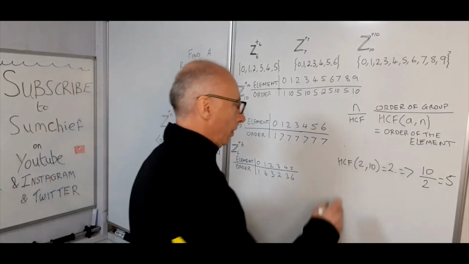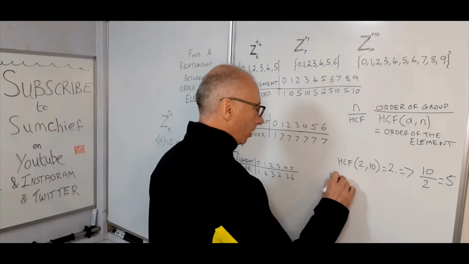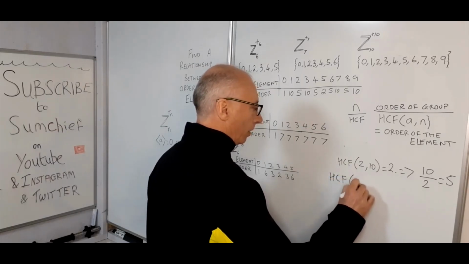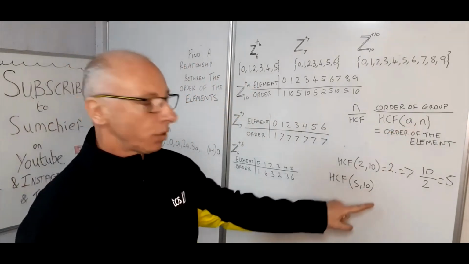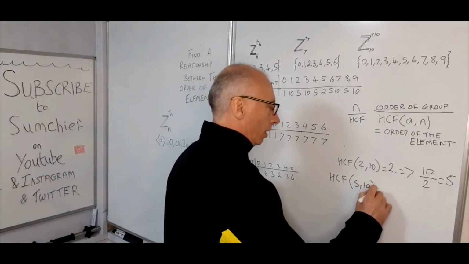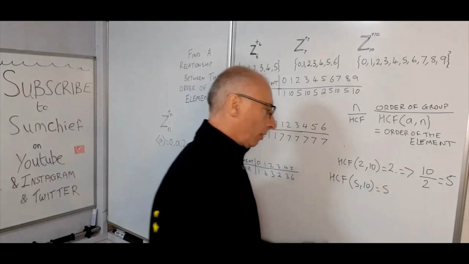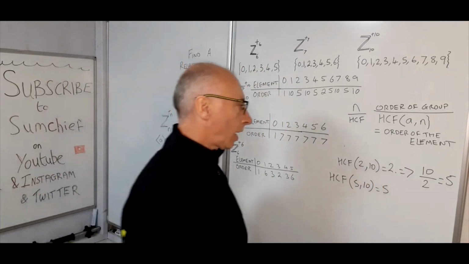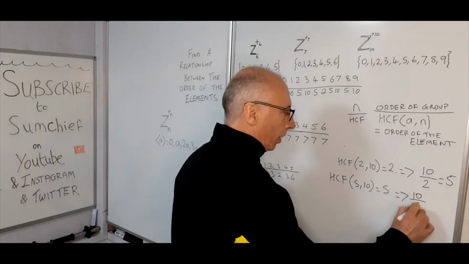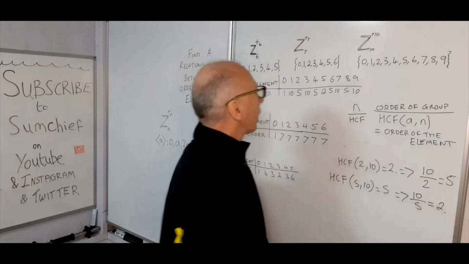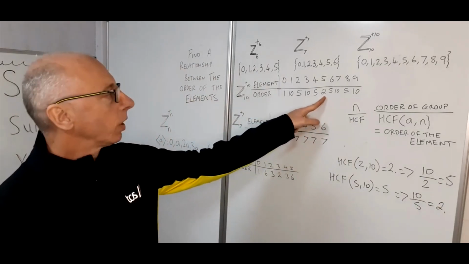Let's try 5. Highest common factor between 5 and 10. Again, A is the element, N is the order of the group. This is 5. So now we've got 10, order of the group, divided by 5. That gives us 2. So that works.